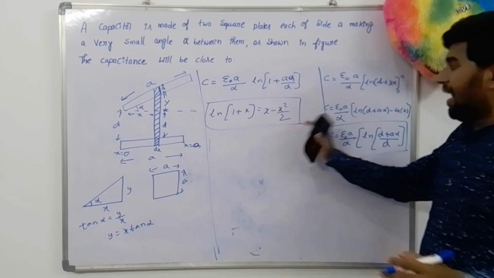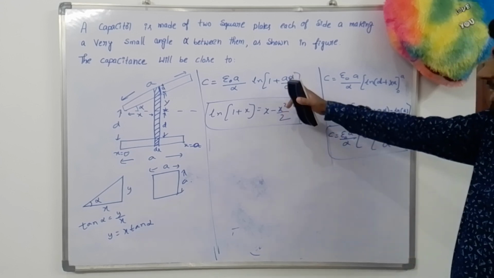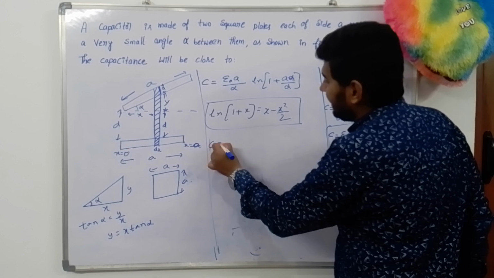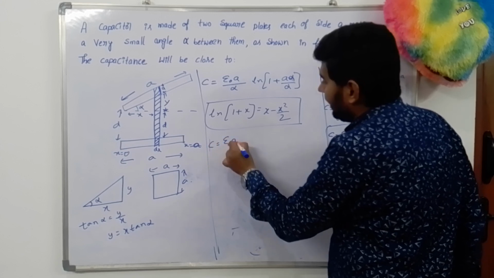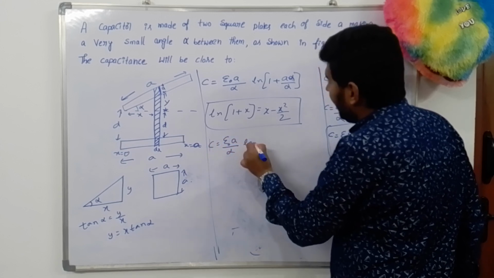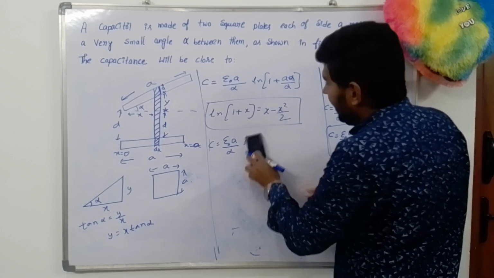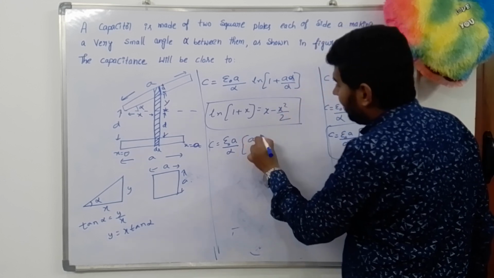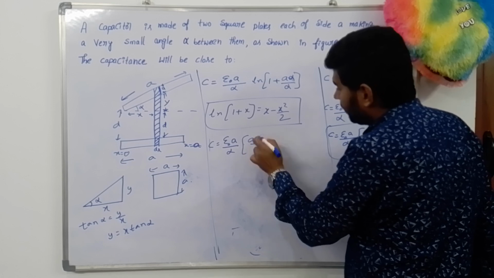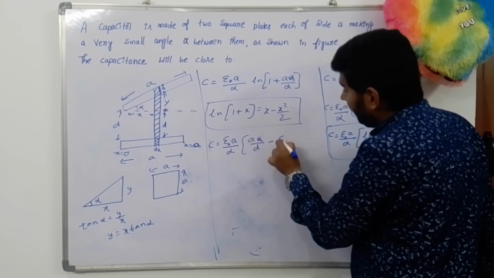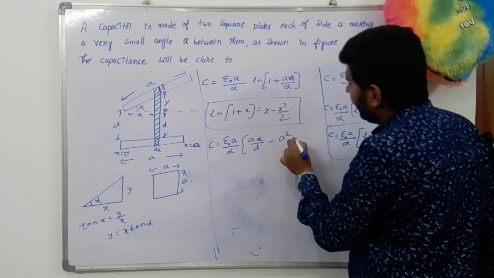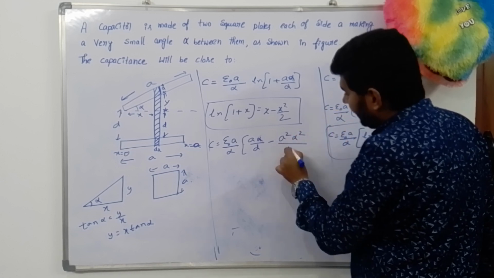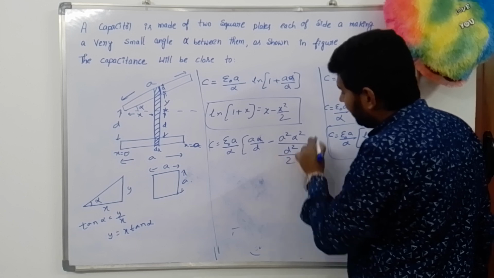I don't want to expand this equation further because here alpha is very small. Just apply this equation. C is equal to epsilon naught a by alpha ln of 1 plus x, so how can I write x? x means a alpha by d, minus a square alpha square by d square by 2.